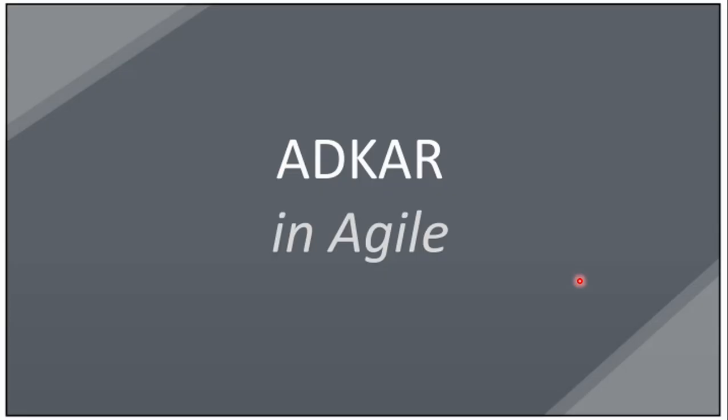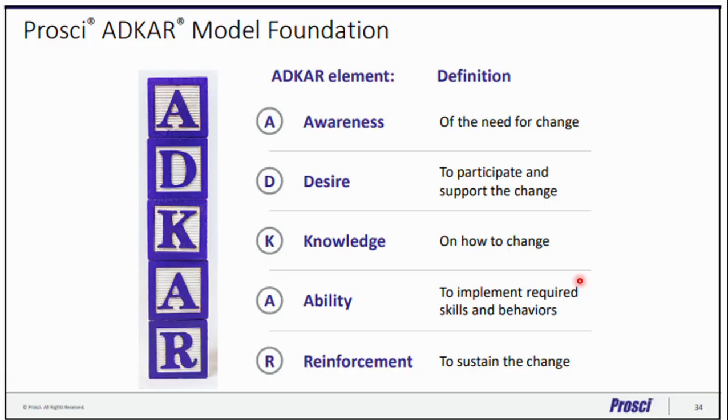If you can remember the outcome model that we discussed last time, how does this outcome model map in an agile environment? Awareness, desire, knowledge, ability, and reinforcement.